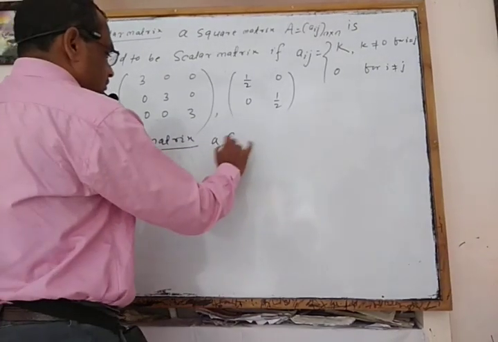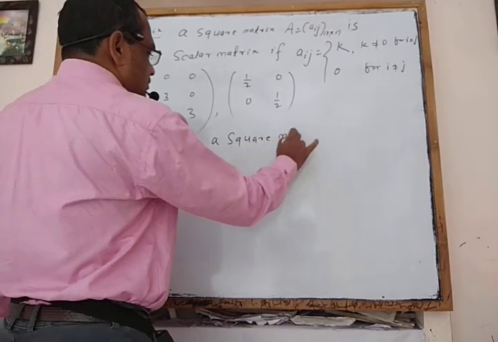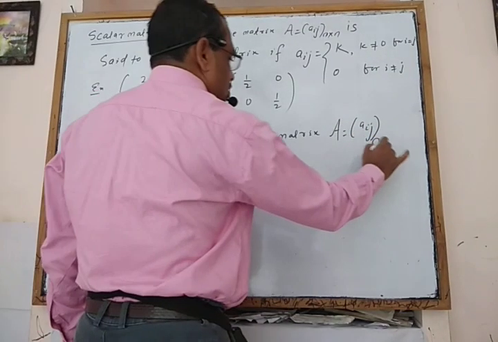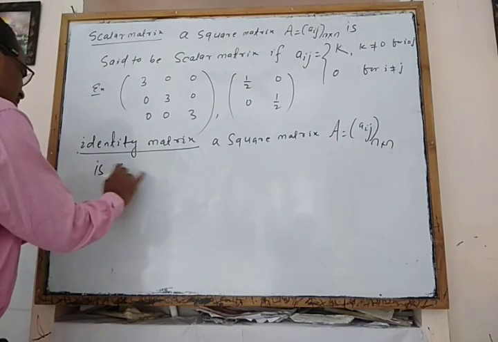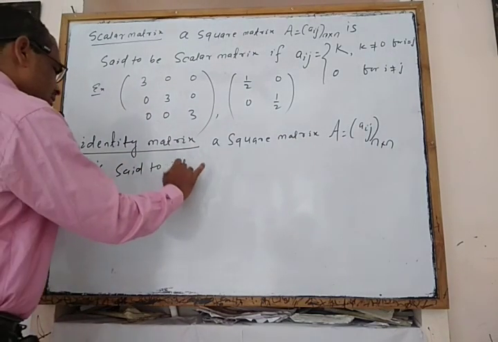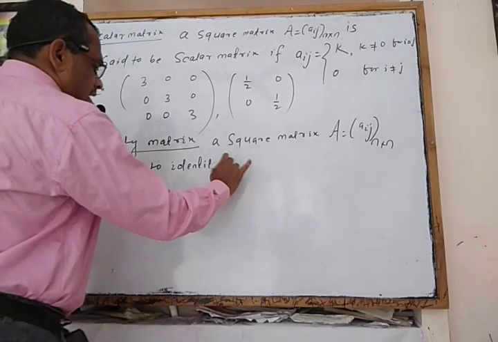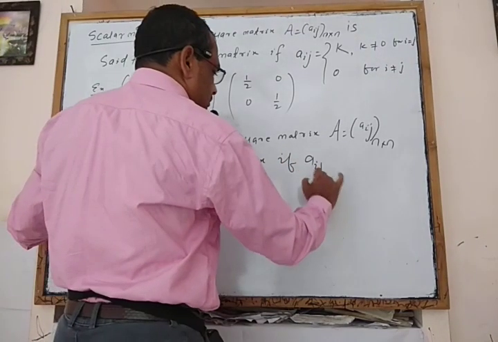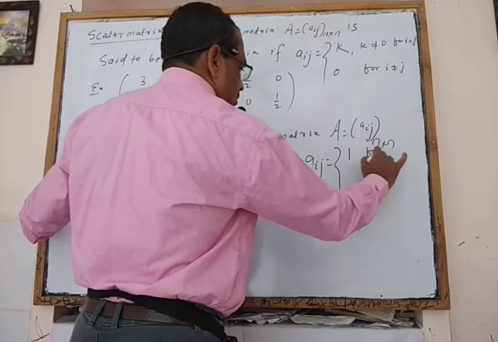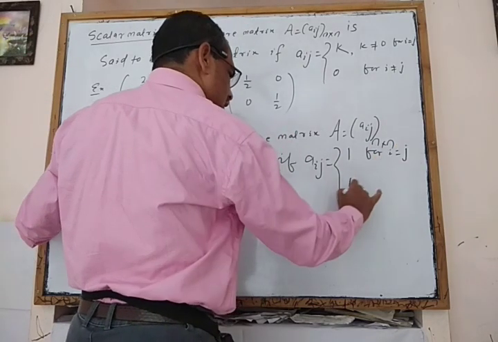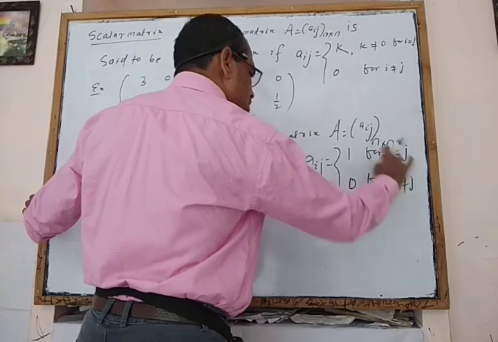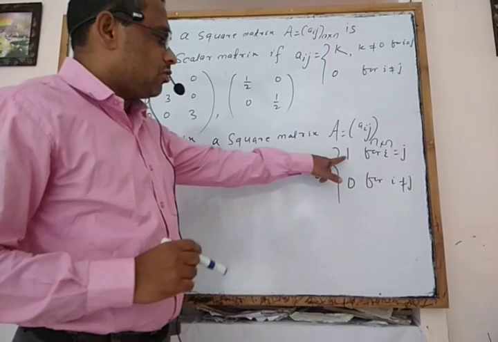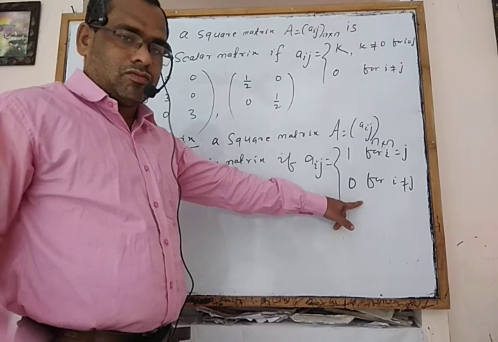A square matrix A equal to [aij] of order n cross n is said to be an identity matrix if aij equal to 1 for i equal to j and 0 for i not equal to j. i equal to j means all the diagonal elements are 1 and the non-diagonal elements are 0.